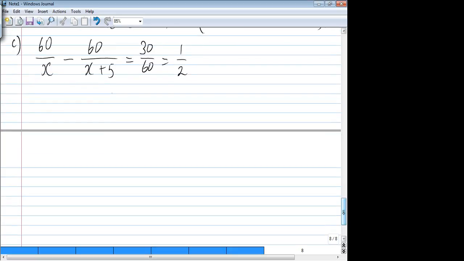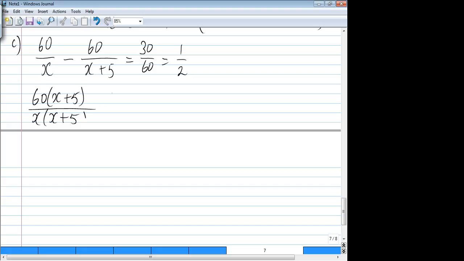Okay, so to make sure that they have the same denominator, we are going to have 60 times x plus 5 over x times x plus 5 minus 60 times x over x times x plus 5, and this is equal to half.